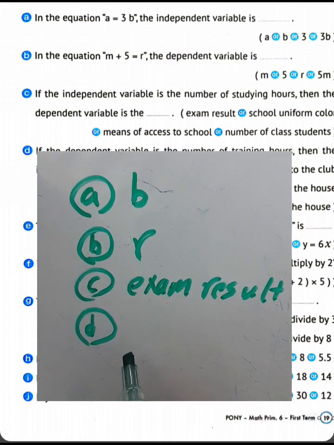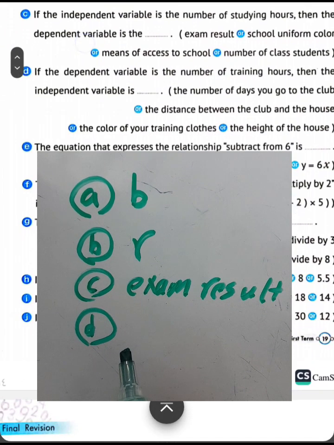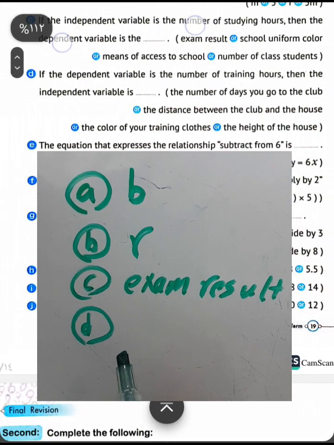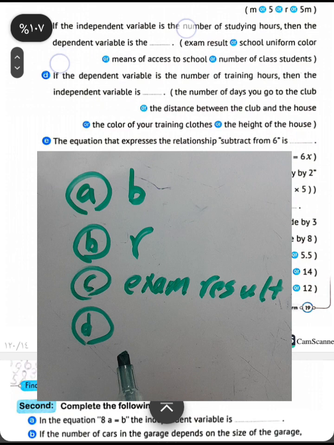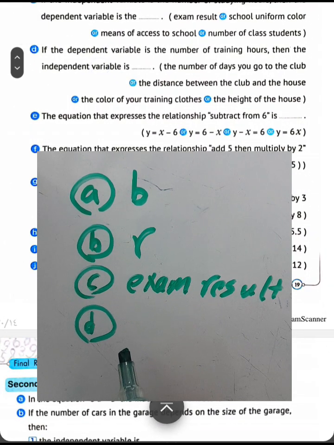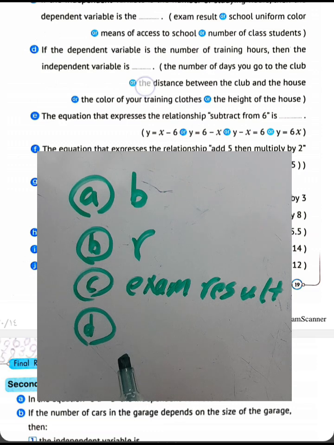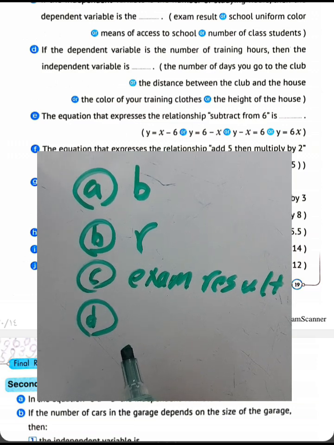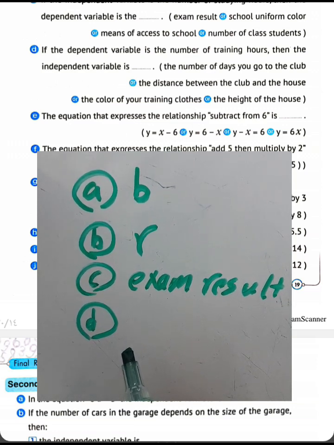Letter D: if the dependent variable is the number of training hours, then we must choose the independent variable. What we have is the distance between the club and the house, the color of your clothes, the height of the house. You will choose the number of days you go to the club. It will be independent.